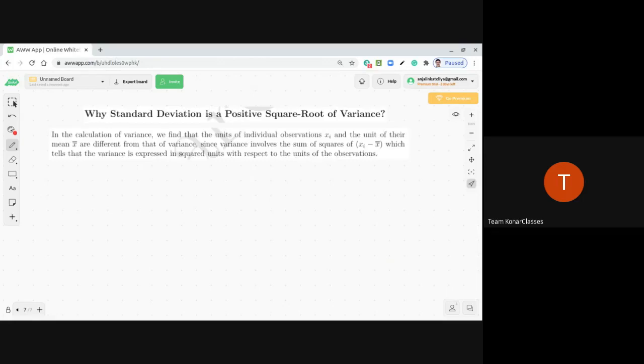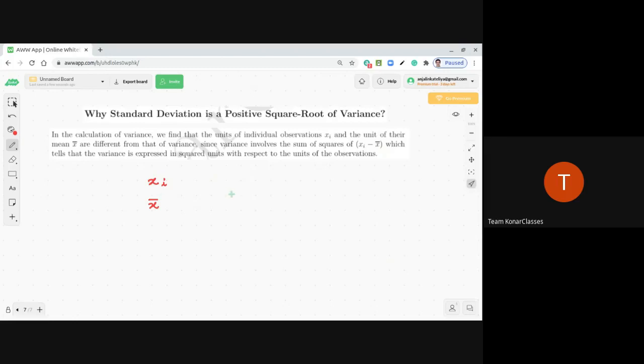In the calculation of variance, we find that the units of the individual observations xi and the unit of their mean x bar are different from the variance, since the variance involves the sum of the squares of xi minus x bar whole square. So at one end you have xi and x bar. Suppose we are measuring the length of a field, many fields.